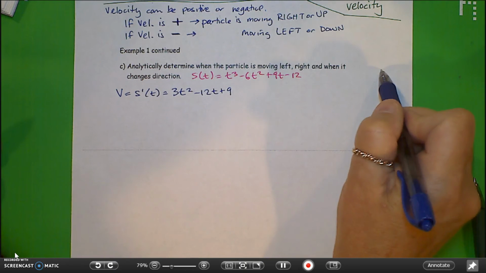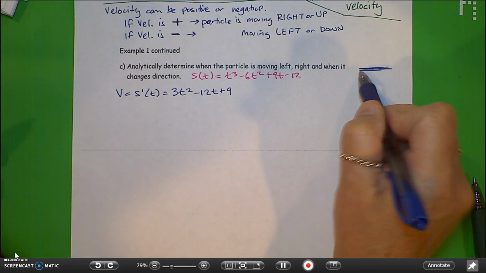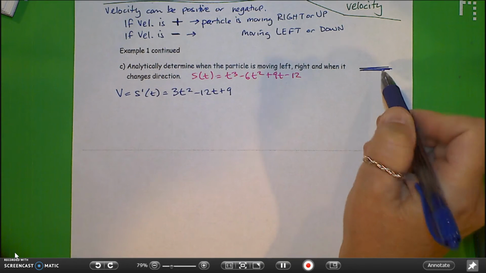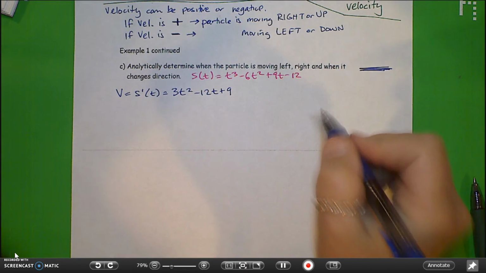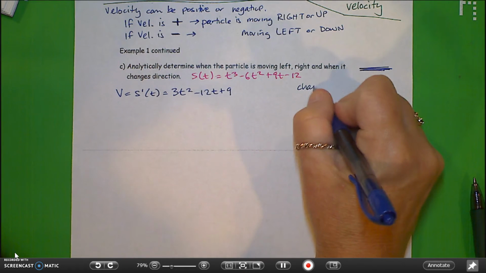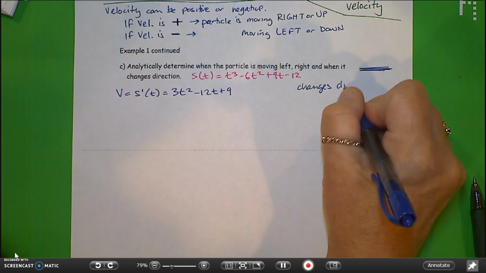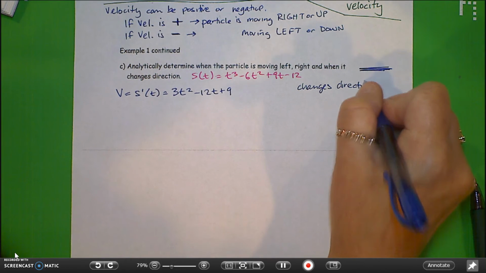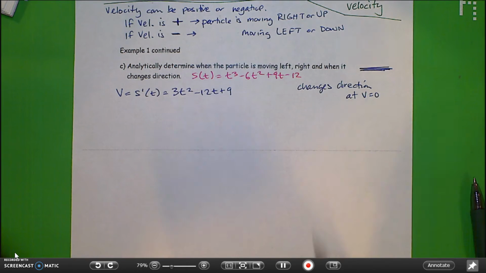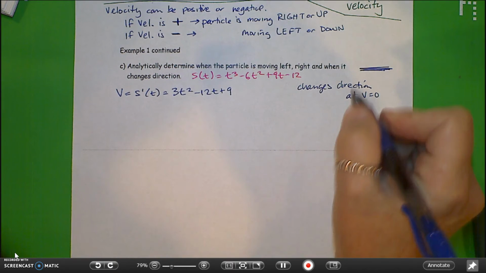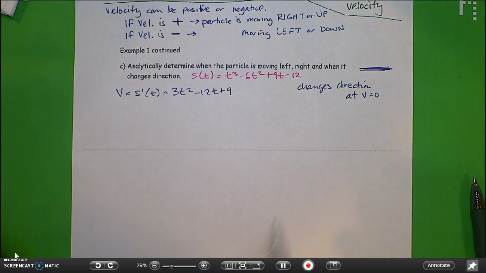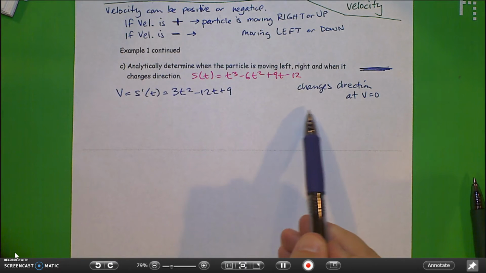Now since I'm interested in where the particle is changing directions, I need to know when velocity is 0. So it changes directions at velocity equals 0. Or it might. Actually, what I would have to look at is one more thing. It is possible to stop and then continue going in the same direction.